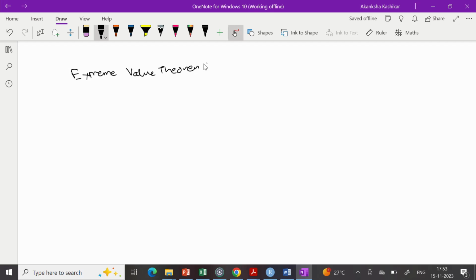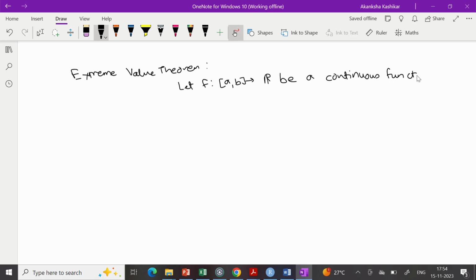Okay, so let me first write the statement. So this is also the actual extreme value theorem. So let f defined from [a,b] to R be a continuous function.